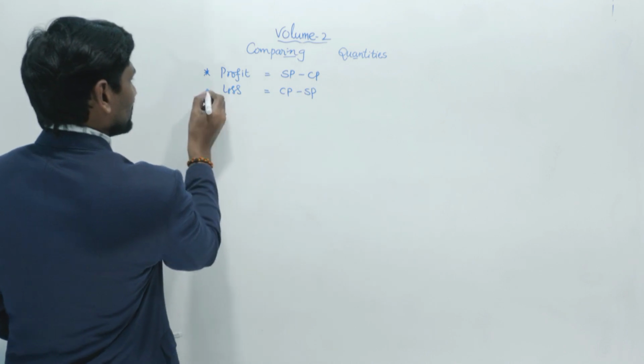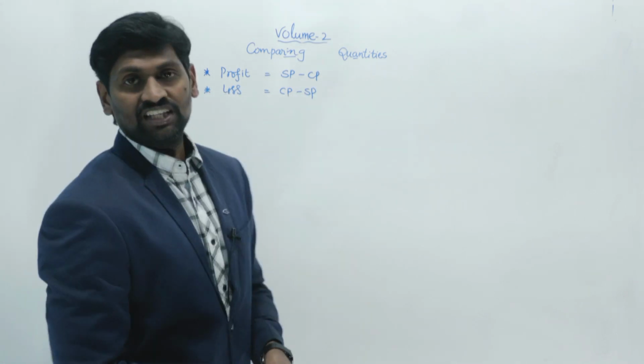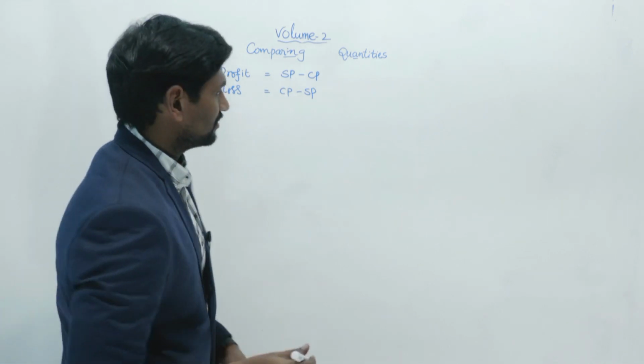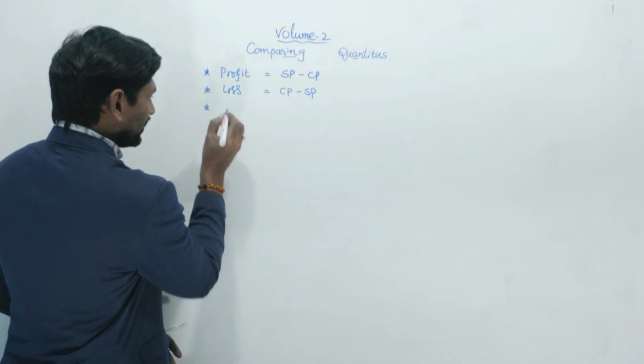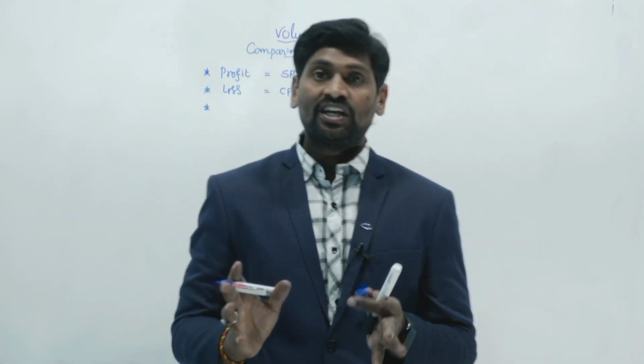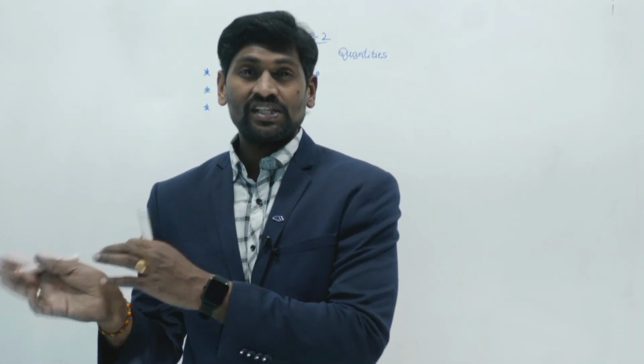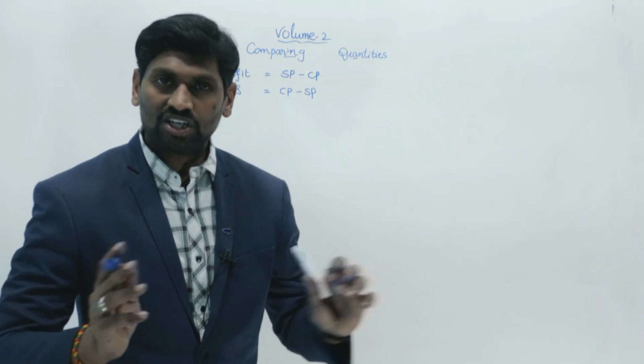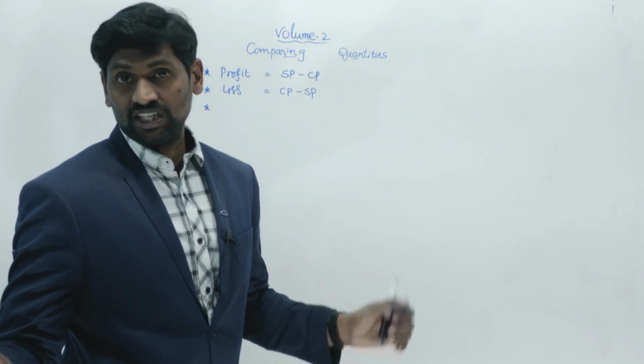That means in this case the cost price is more than the selling price, so cost price minus selling price will give you the loss. And the third point is that profit and loss depend on cost price. That you should remember clearly.